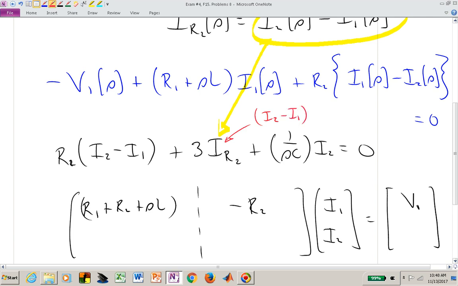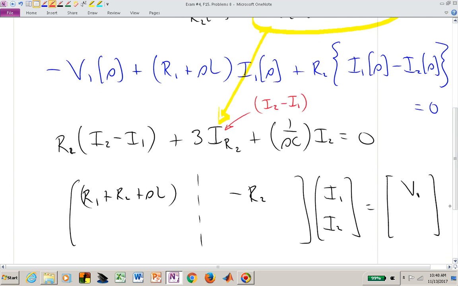and introduce I sub 2 minus I sub 1, so that now we have what terms are being scaling I sub 1. We have a minus r sub 2, and because of that dependent voltage source, we now don't have a symmetry in our impedance matrix that's multiplying the I1 and the I2.